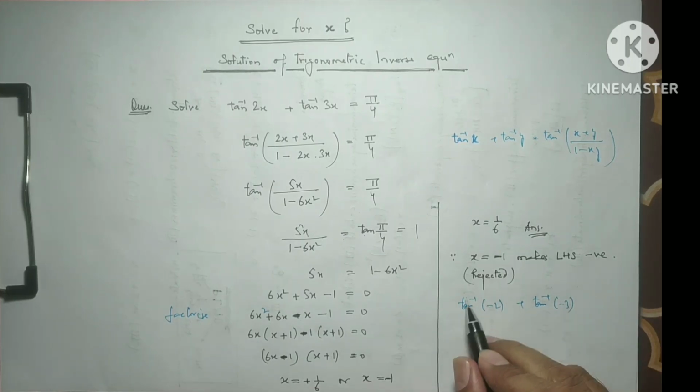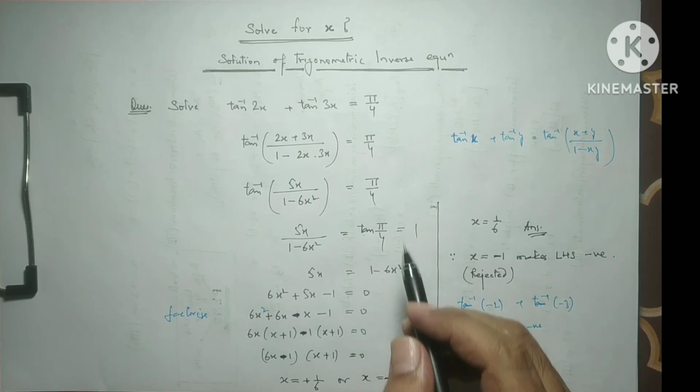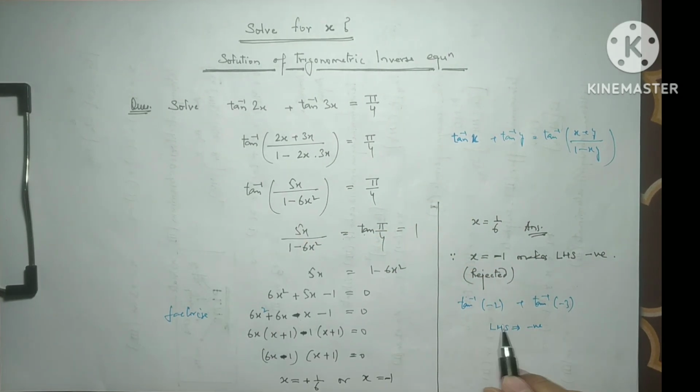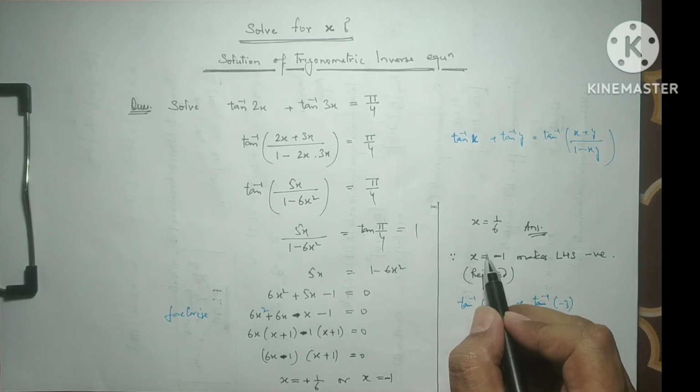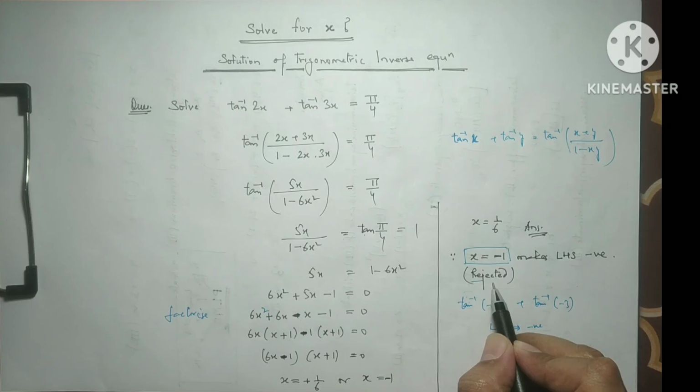On the left hand side we can check, this is negative, but on the right hand side we have a positive pi by 4. So this can't be equal.